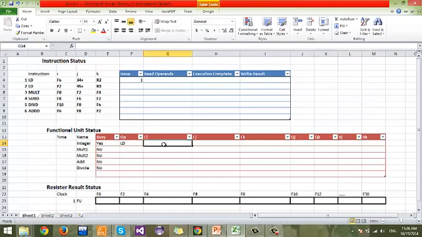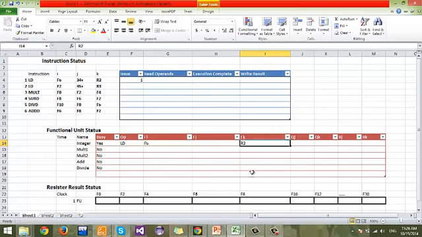In the load instruction, Fi is F6. Is there any Fj? No. Is there any Fk? Yes. R2 is the Fk. For Qj, is there any functional unit that is going to produce Fj? No, we don't have it. We don't have any necessity of Fj. And for Fk, is there any functional unit that is going to produce Fk?